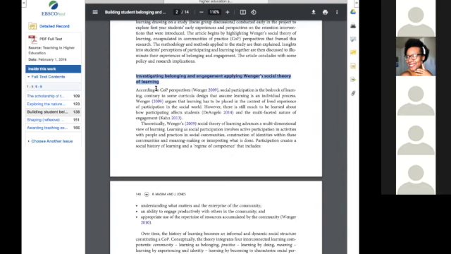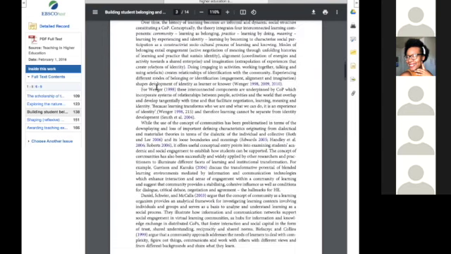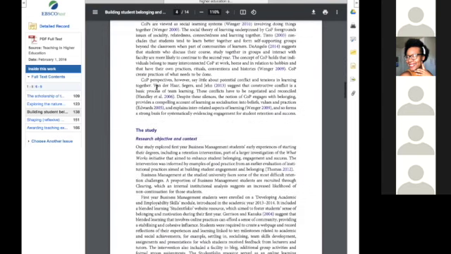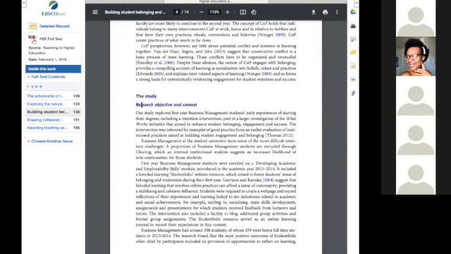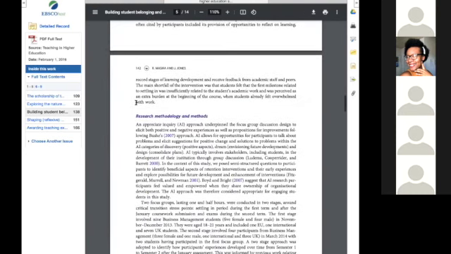Investigating belonging: we have enough information on how belonging is important. Don't need it. The study, research, objective, and context, I don't necessarily need right now. And even when I do, I don't have to go that in depth into it.